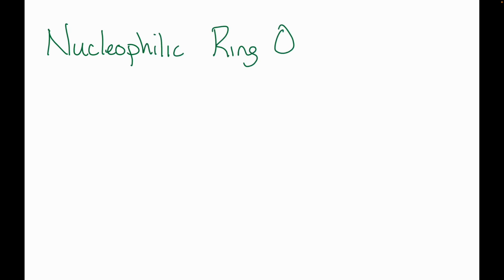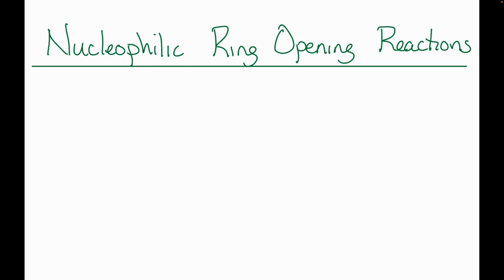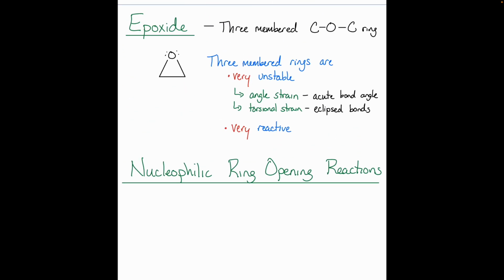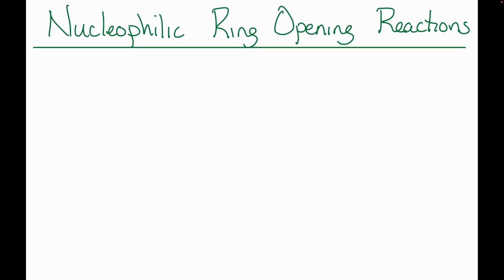All right, so these epoxides are going to undergo what are called nucleophilic ring opening reactions. All right, where we're going to take our epoxide, we're going to treat it with some nucleophile.